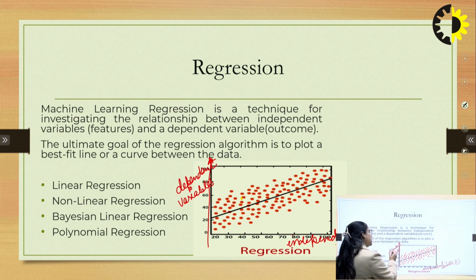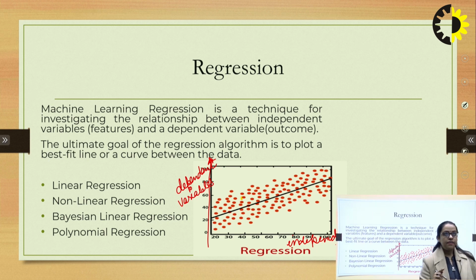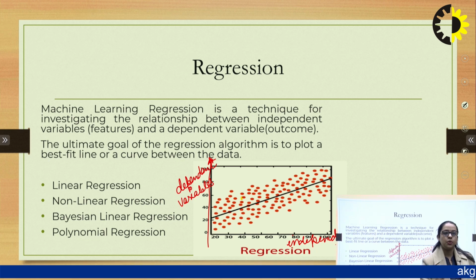So, say we are taking a medical problem, in which we have to identify the blood pressure level of a patient when a certain dosage of drug has been offered to the patient. What will be the blood pressure level or sugar level? We have to take just one dependent variable.